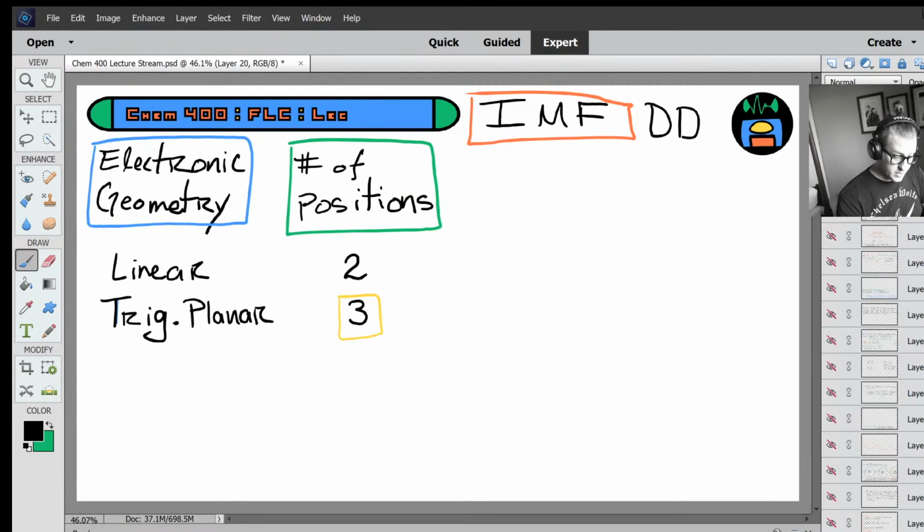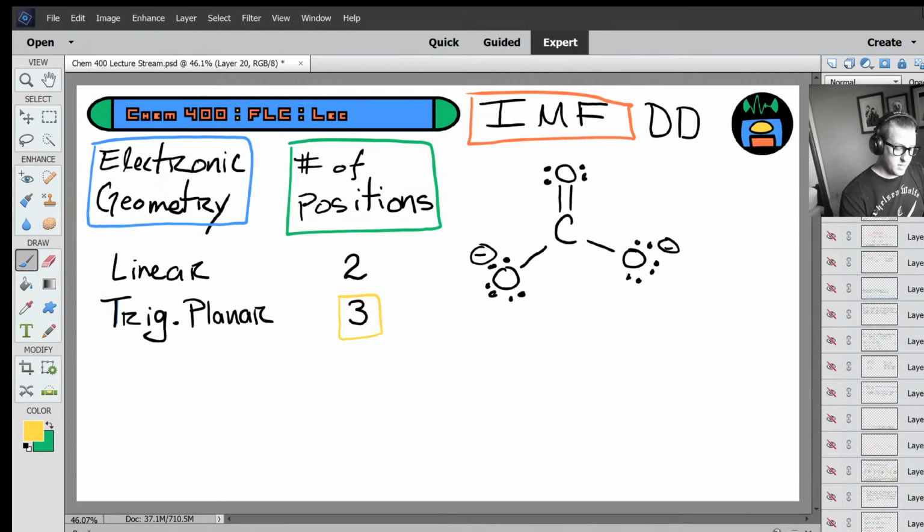So for example, if you look at the molecule, the polyatomic ion carbonate, we got 2 formal charges up in here. You've got 3 positions with the same atom, the same group on every position.